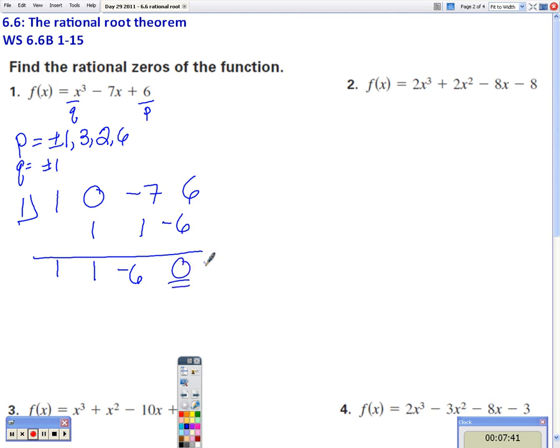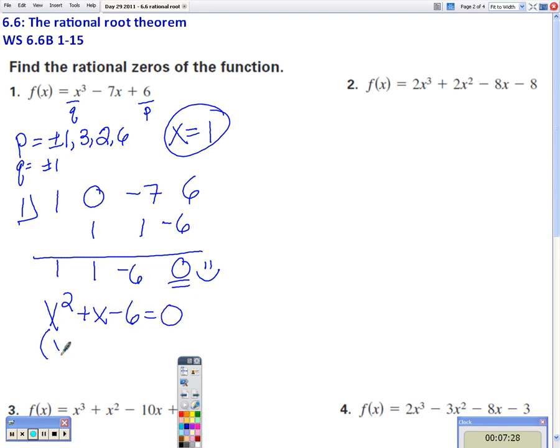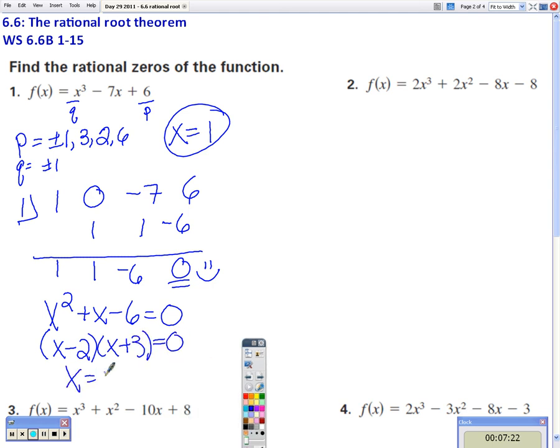So yes, we get a remainder of 0. So x equals 1 is our first zero. And now we need to factor to find the rest. So x equals 2 and x equals negative 3.